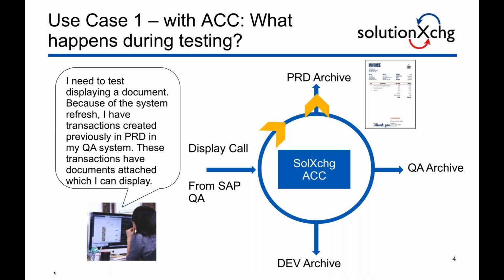Well, if you've done your system refresh, then with the ACC, the users will have display access to the documents that reside on the production archive. They can just click on it, drill down on it, just like they're accessing the documents today, and whatever document was attached to the transaction in production will come up for display.